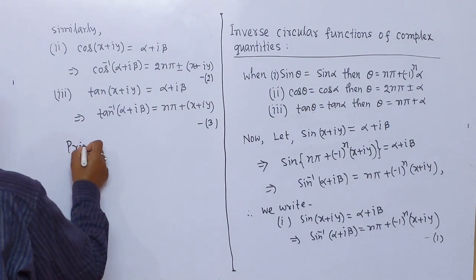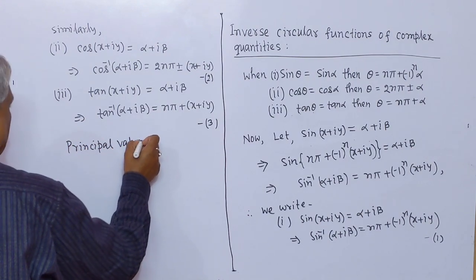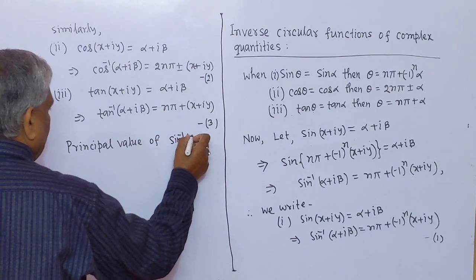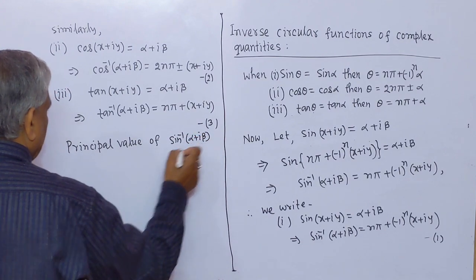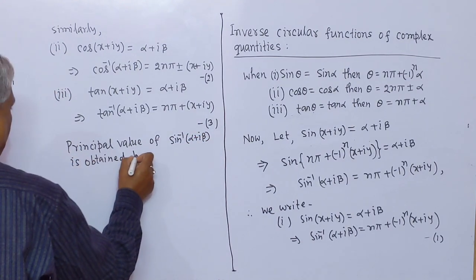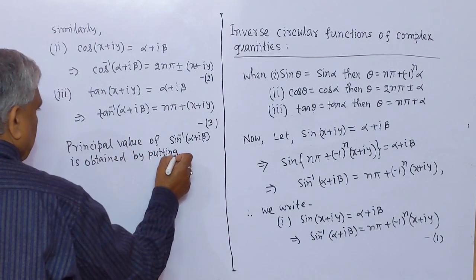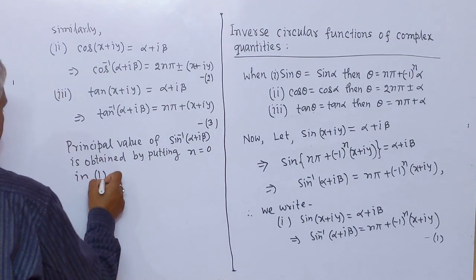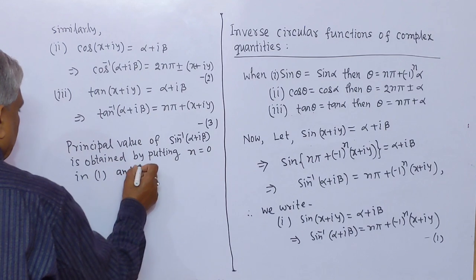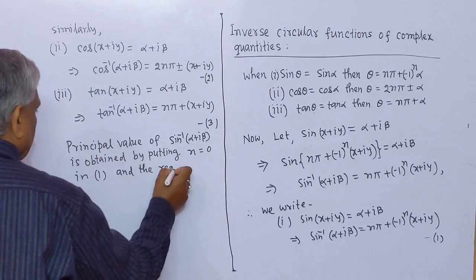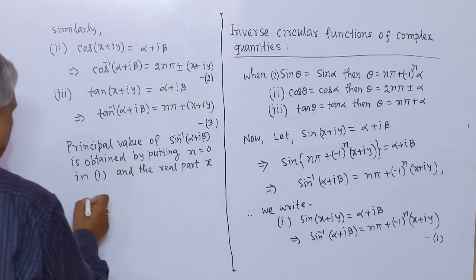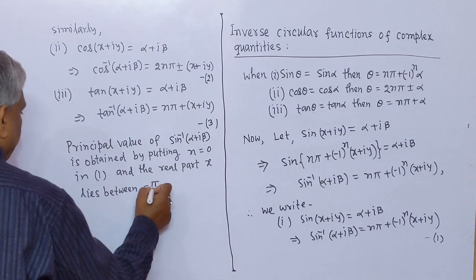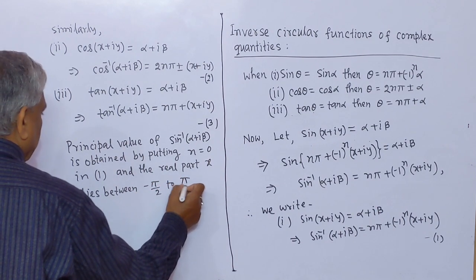The principal value of sine inverse of alpha plus i beta is obtained by putting n equal to 0 in 1, and the real part x lies between minus pi by 2 and pi by 2.